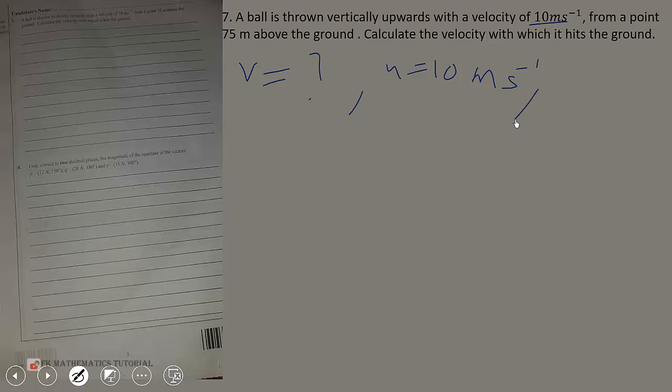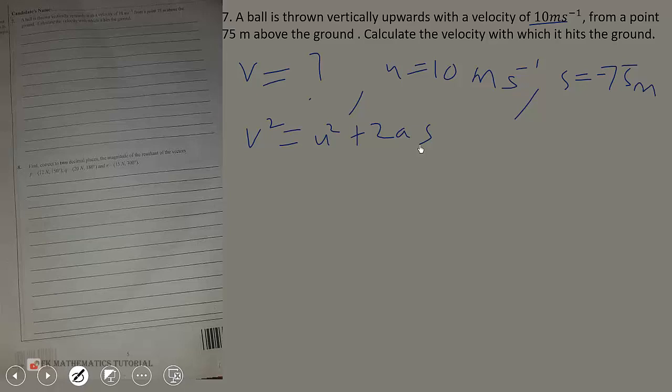And we also have s equal to negative 75 meters, which is the displacement. So velocity v squared will be equal to u squared plus 2as, from the equation of motion.